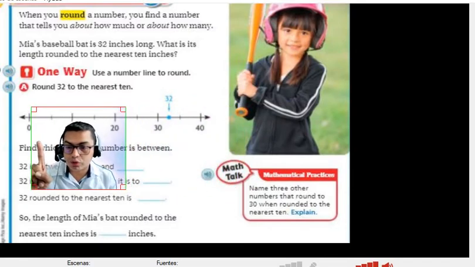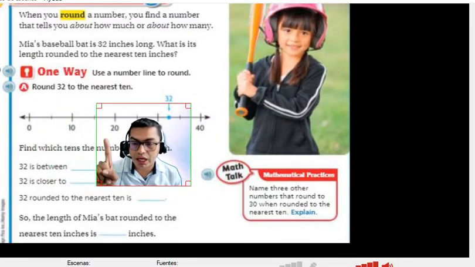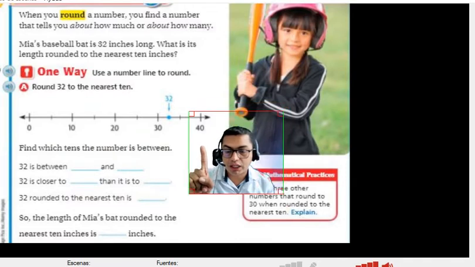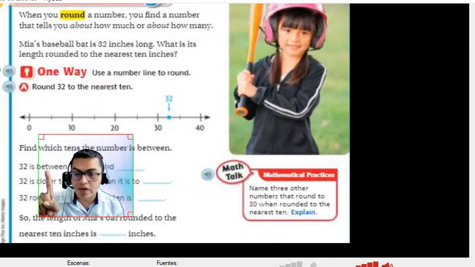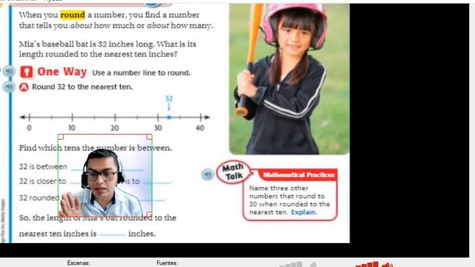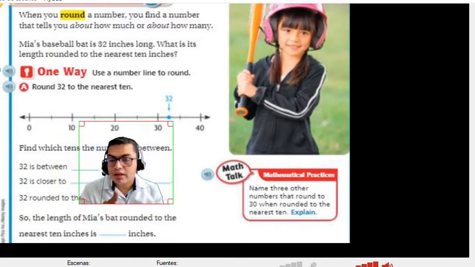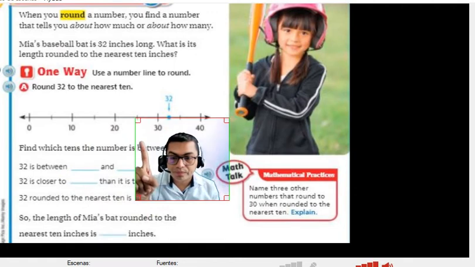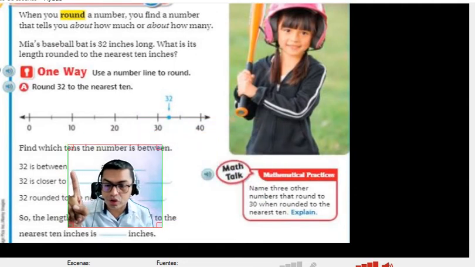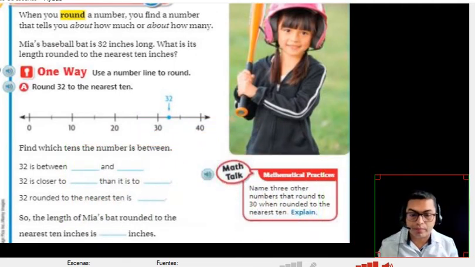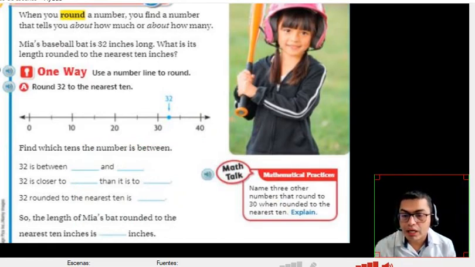Aquí están los números from 0, 10, 20, 30 and 40. So, decimos que 32 is between 30 and 40. Yes, is between.